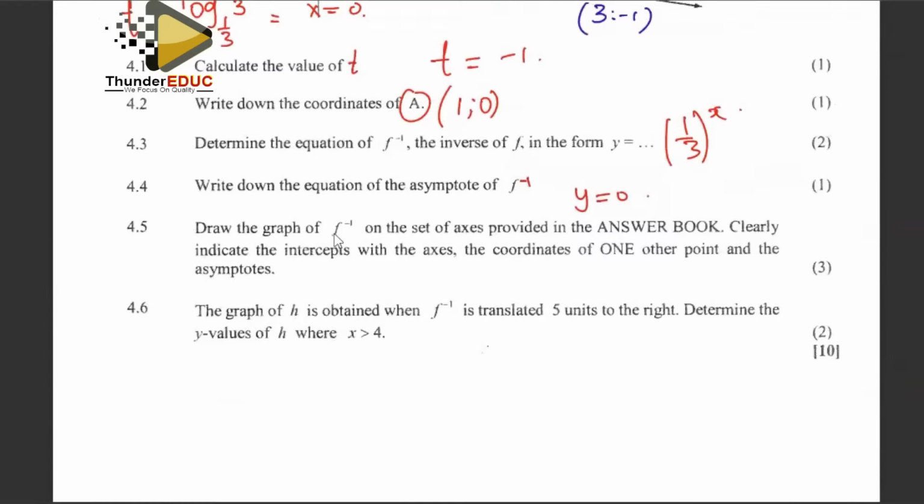4.6, they're telling us that the graph of h is obtained when the inverse is translated 5 units to the right. Determine the y values where x is greater than 4. So our focus is the inverse. But what do they need when x is 4? Let's see.